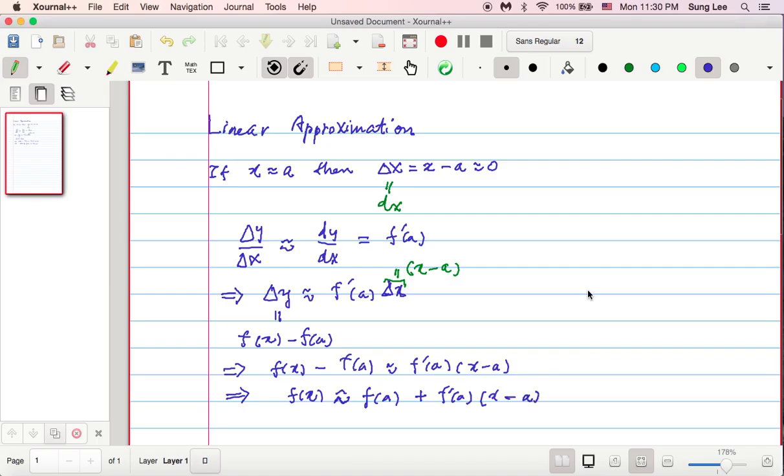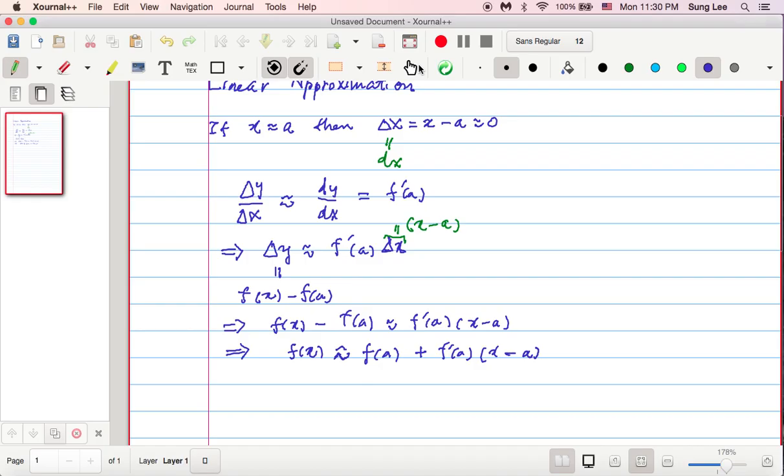So we got this formula here. This right-hand side, we are going to denote by L of x. What it says is f of x can be approximated by L of x if x is close to the number a.